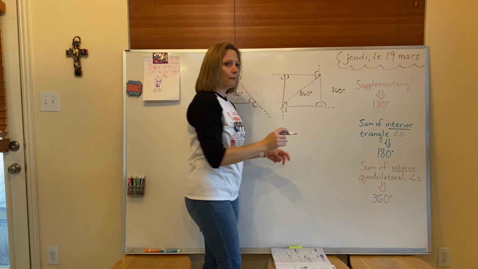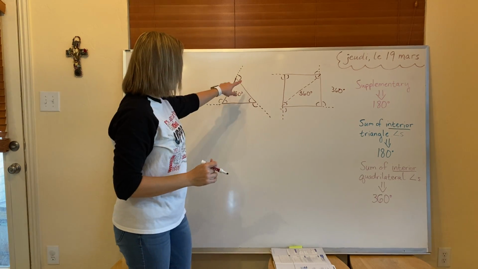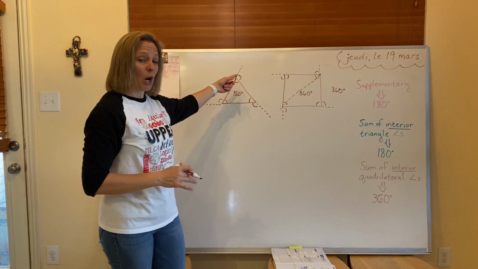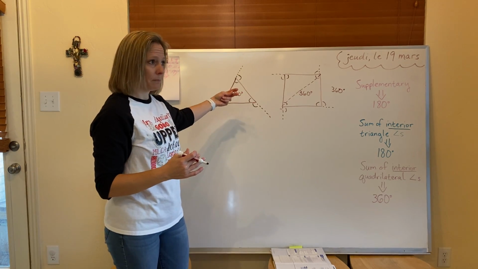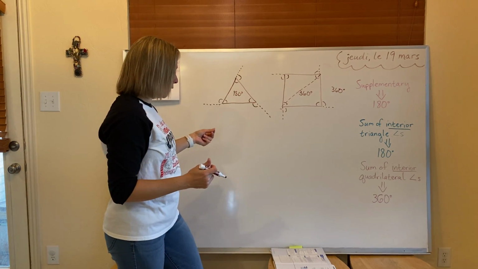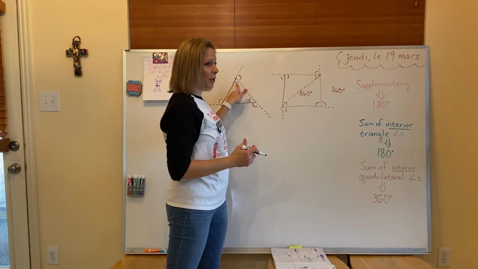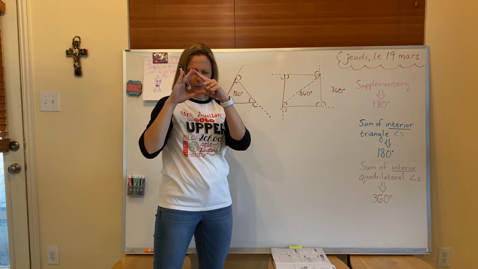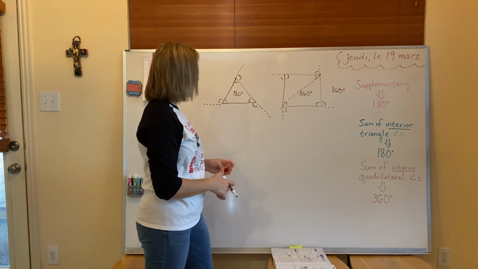Whoops, that's our full turn. So either way, if you're making full turns, those are exterior measurements, okay? Interior measurements are the measurements of the angle within the shape, within the polygon, okay?